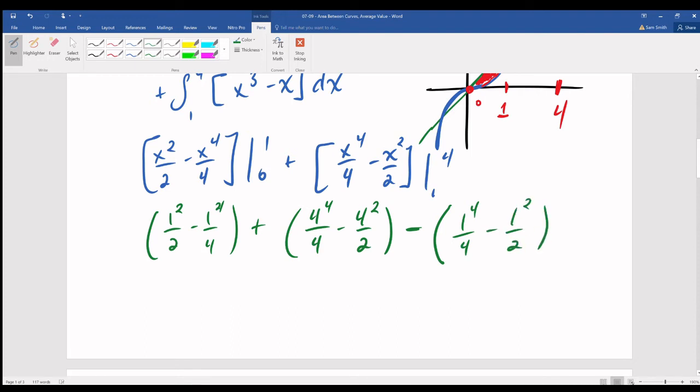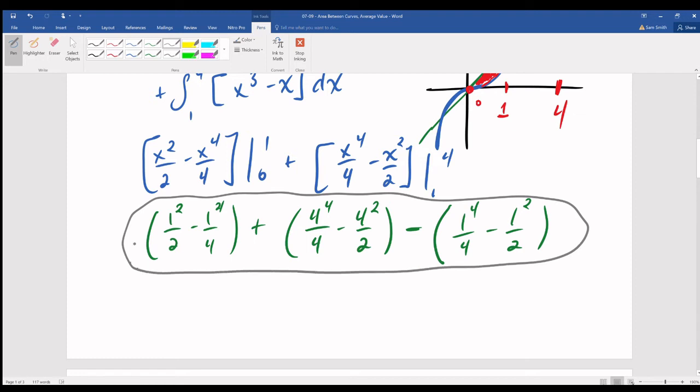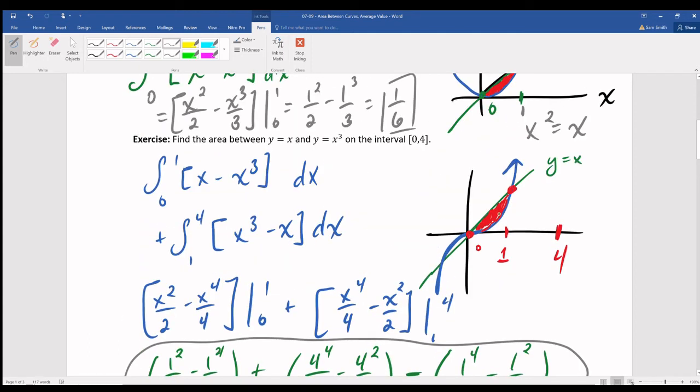Now this can be simplified as much as you like, and when simplified, the number that you get as a result of those calculations will give you the area between these graphs, not only on the region 0 to 1, but also on the region from 1 to 4, where the roles of the top and bottom function have been swapped.